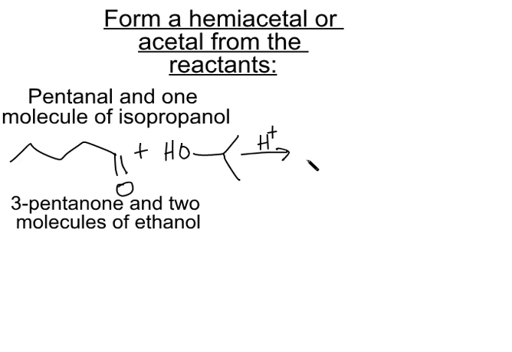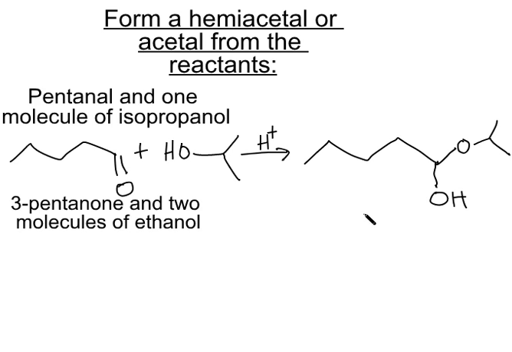So I'm going to redraw my 5-carbon chain. This carbonyl oxygen will remain. The H from the alcohol will attach to that carbonyl oxygen, and the OR group from the alcohol will bond to that acetal carbon.